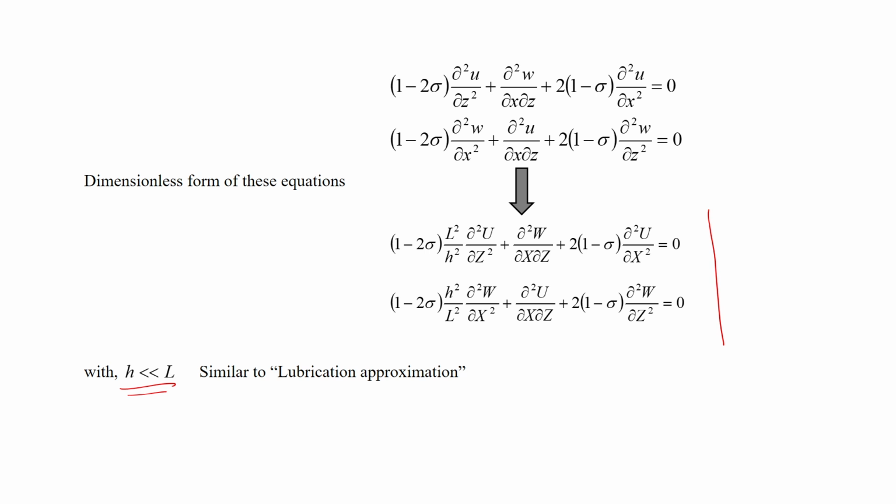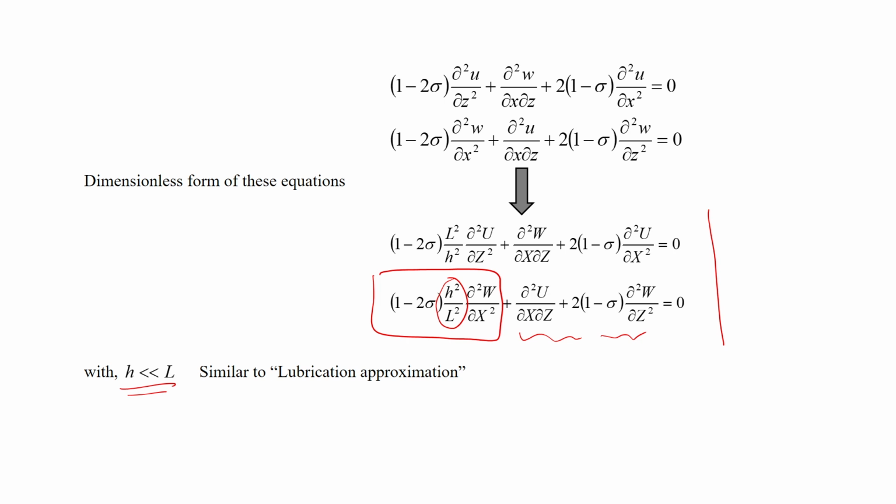This lubrication approximation suggests that the thickness H of the liquid film or fluid film is much smaller than the spatial dimension L, and we can see here that this term, H square by L square, is very small. So, this term can be neglected. After neglecting it, we have only this term and this term. That is the way we have it.